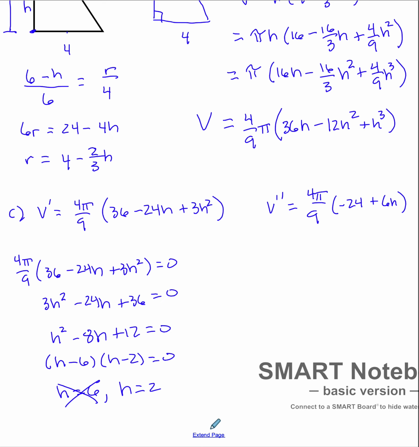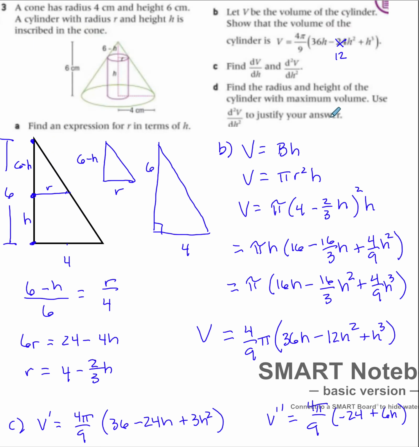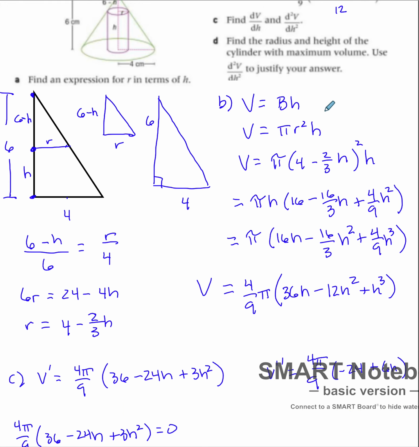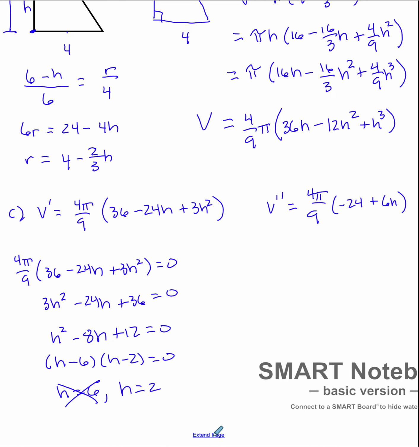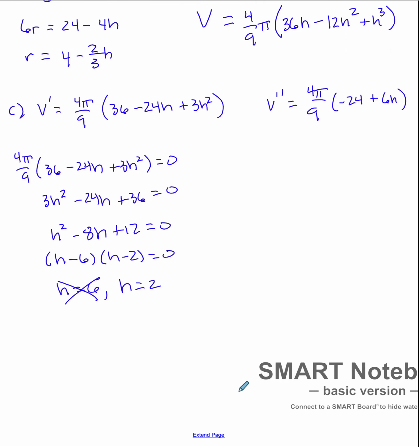And again, we're looking for the radius and height when it's a maximum volume, right? So we're pretty sure the height is 2. So we can actually find the value of h that maximizes the volume.